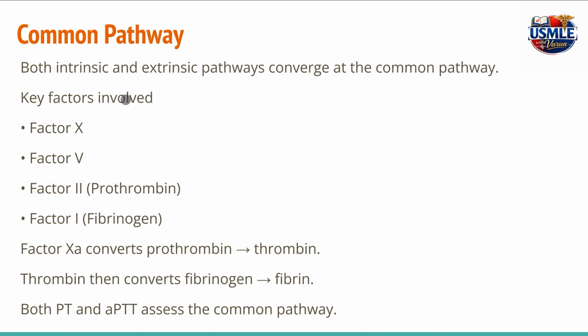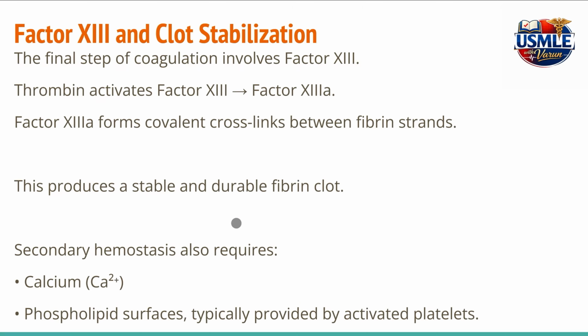Both the intrinsic and the extrinsic pathways converge at the common pathway. The key factors involved include factors 10, 5, 2, and 1. Factor 10a converts prothrombin to thrombin, and then thrombin converts fibrinogen to fibrin. Both PT and aPTT are used to assess the common pathway.